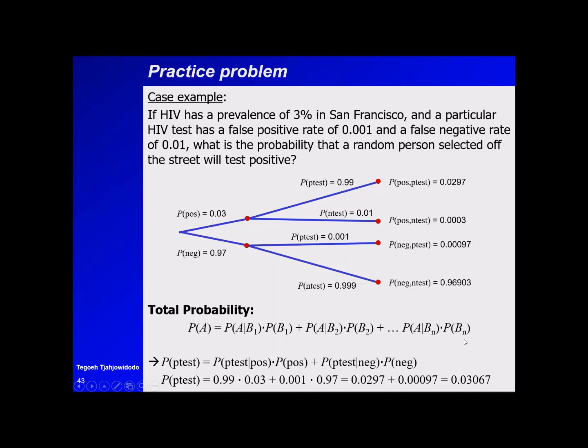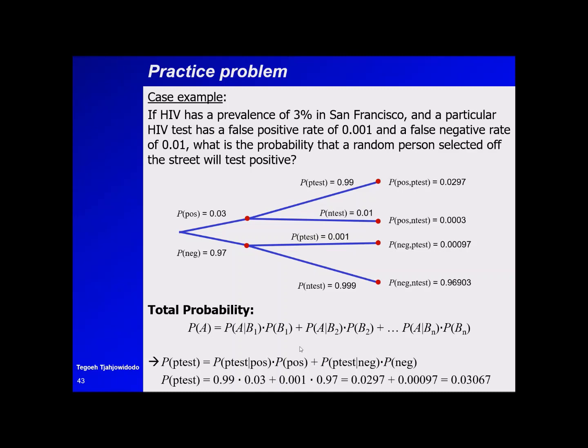In our case we have only 5, so P(B1), P(B2) until P(B5). The sum of all of those will be equal to 1. The total probability of B1, B2, B3, B4, and B5 will be equal to 5, and all of them share the same value.